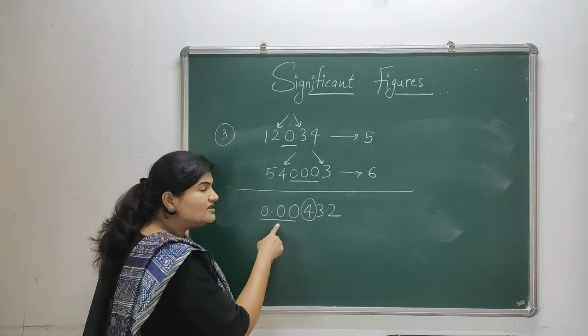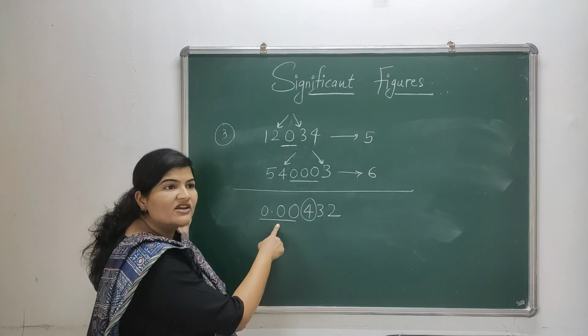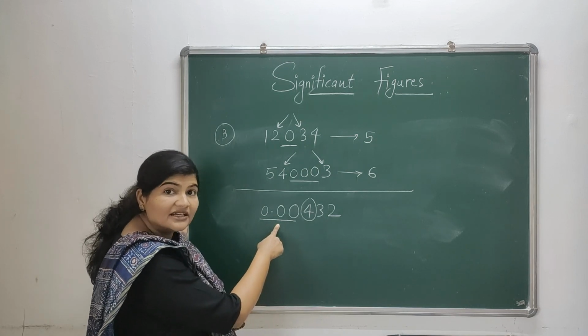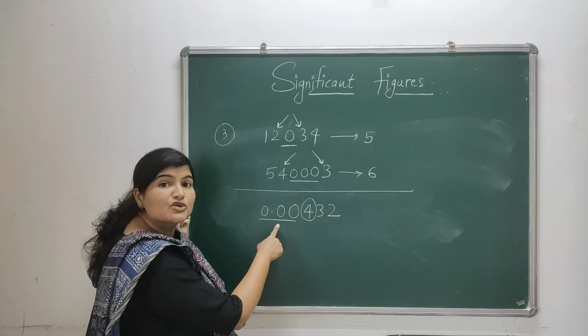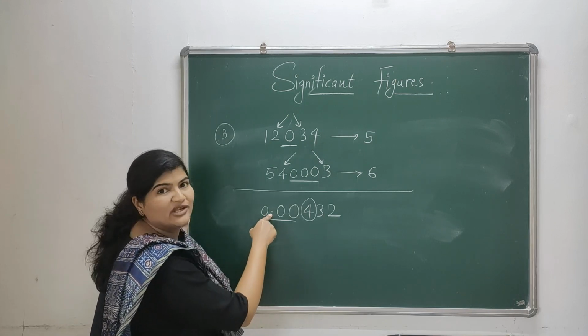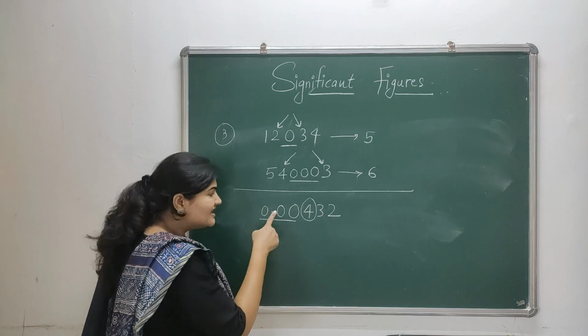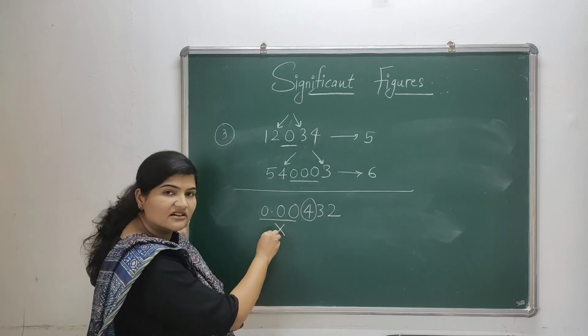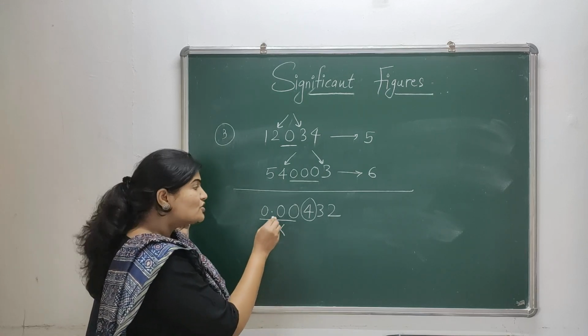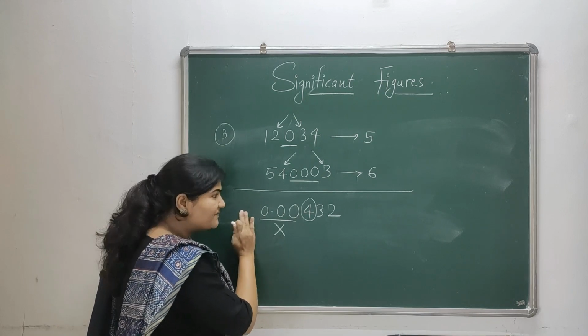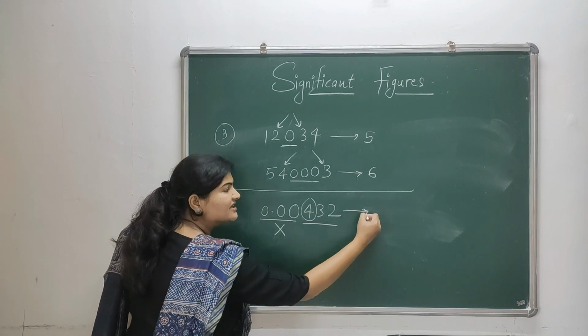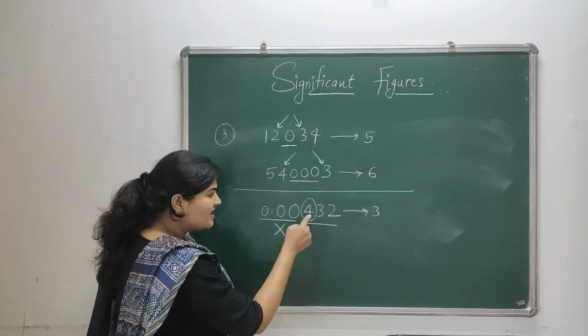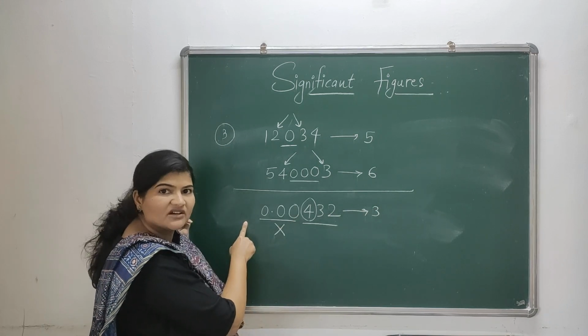They are not serving the purpose of quantity, but the purpose of locating the decimal point. So in that case, these zeros will not be considered as significant figures. So in this number, there will be only 3 significant figures, this and this. These zeros will not be considered, right?